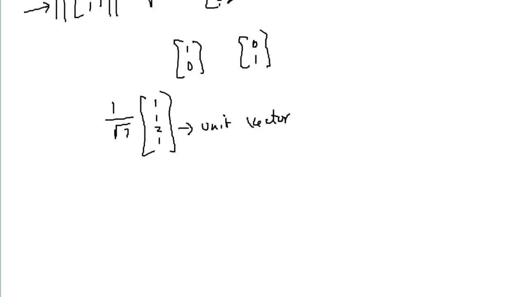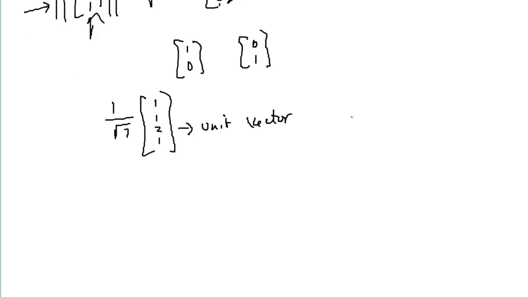Well, that's pretty easy to do, because I already know the length of this vector is root 7. So if I just divide the vector by its length, 1 over root 7 times 1, 1, 2, 1, this is a unit vector in the direction of this original vector 1, 1, 2, 1.